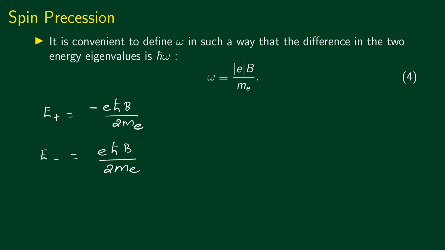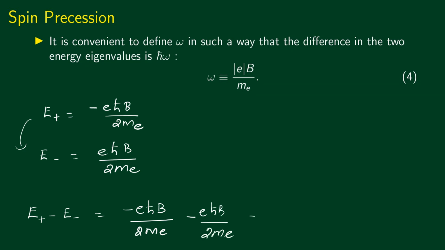Let's find the difference between these energy eigenvalues. If you look at E plus minus E minus, this is equal to minus E h bar B divided by 2 ME minus E h bar B divided by 2 ME, which is equal to minus 2 E h bar B divided by 2 ME, or simply minus E h bar B divided by ME.